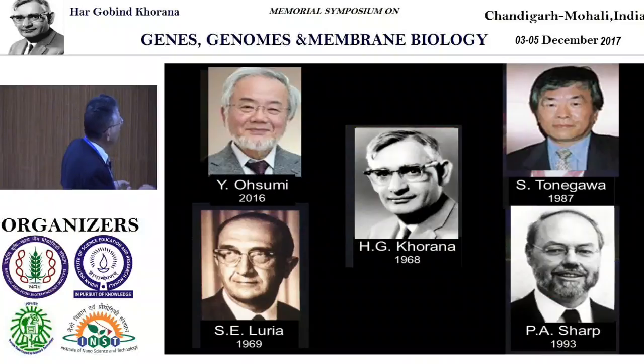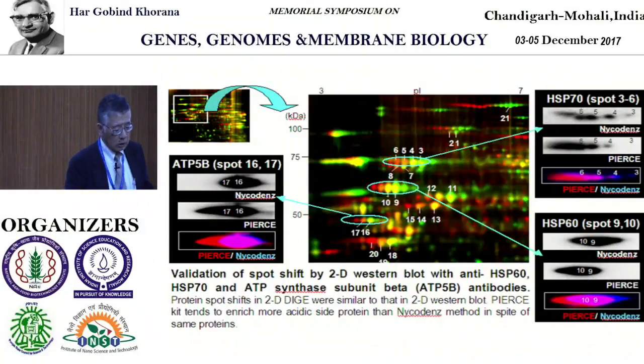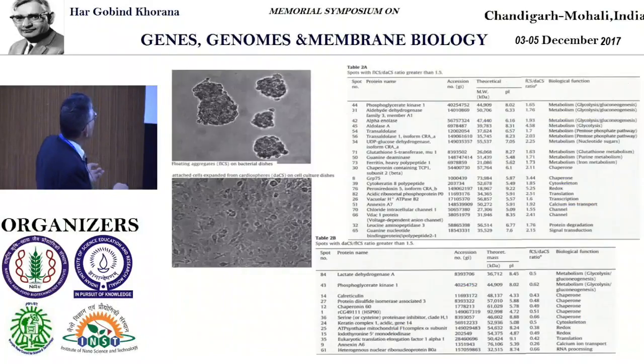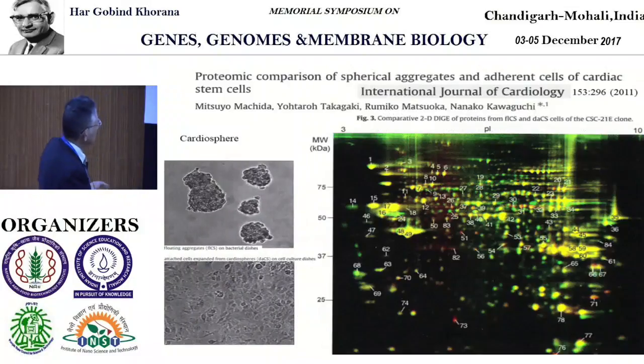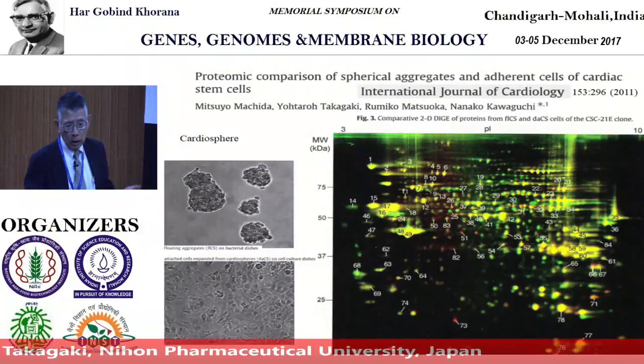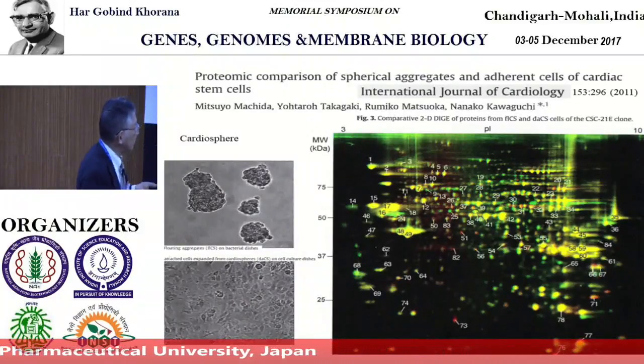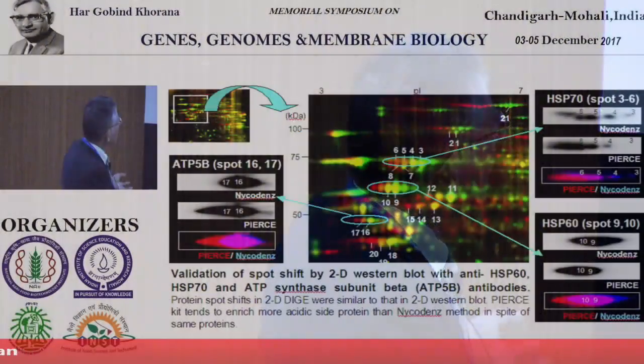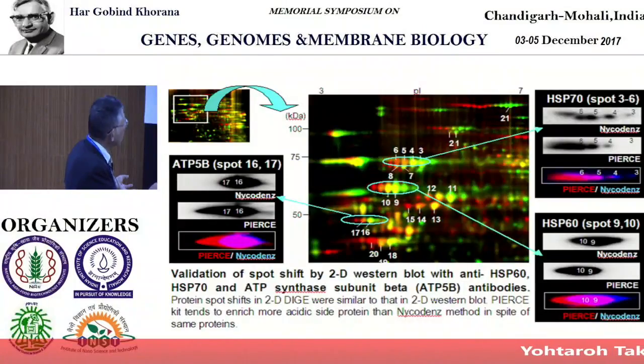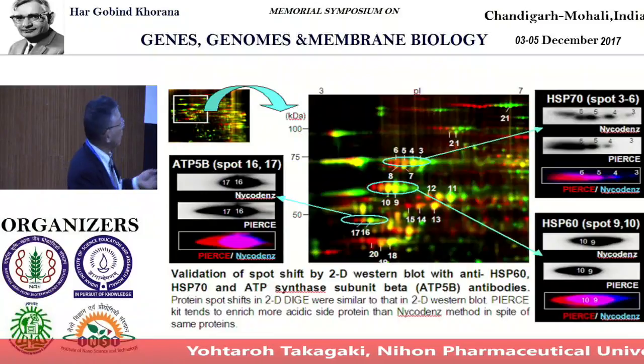This is an example: if I analyze the proteomics of many interesting samples, like this one, cardiosphere, which is cardiac stem cells, we see a huge amount of heat shock proteins. They are more than half of the expressed proteins. And this is a heat shock protein with these different charges.